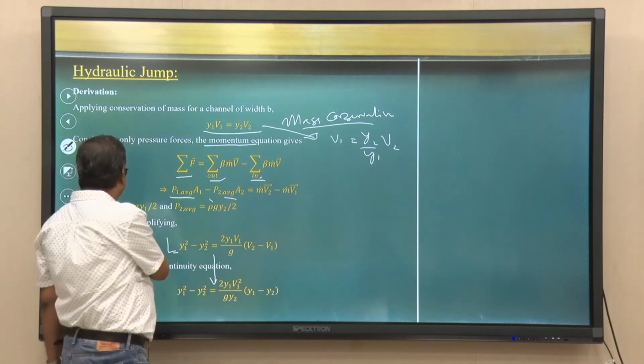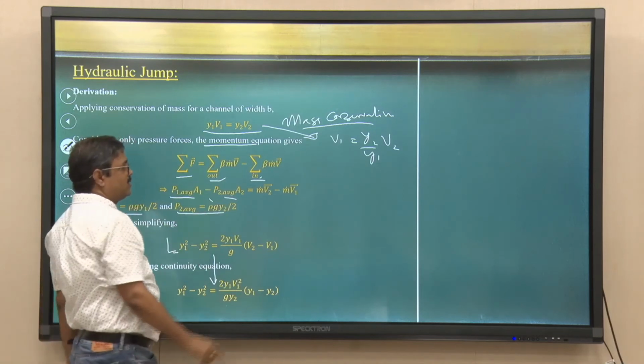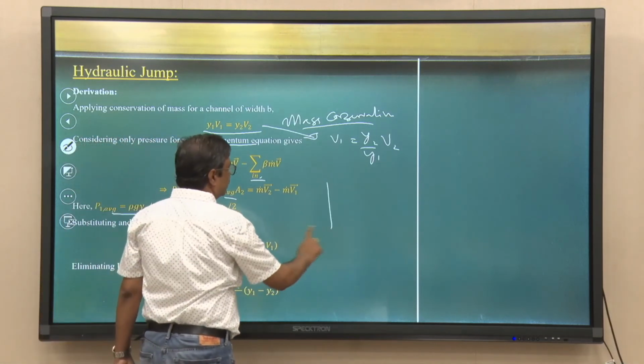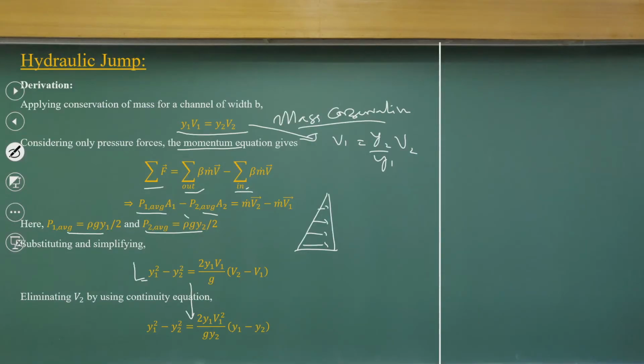Just rearranging the pressure average, what is the pressure component coming in, okay, as you know, the average pressure P1 will be half of rho g y1, because it is rho g y1 by 2.